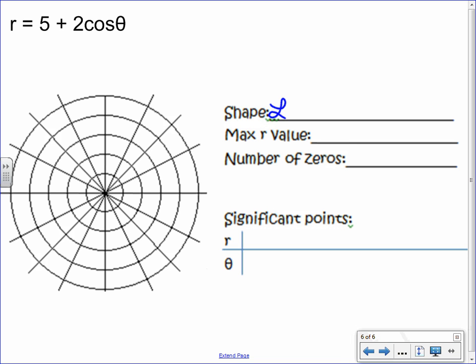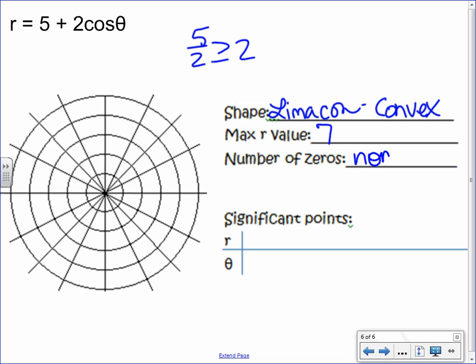Okay, we know it's a limacon. A over B is 5/2, which is bigger than or equal to 2, so it is convex. You guys already assumed that before I switched slides. What's our max R value? 7. No zeros. When we plug in 0, we get 7.